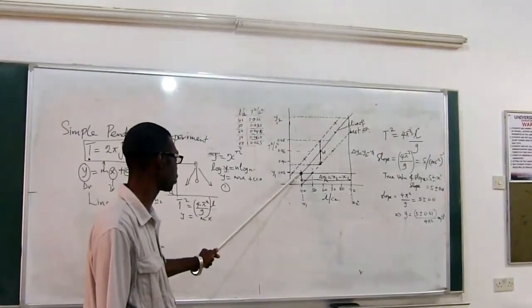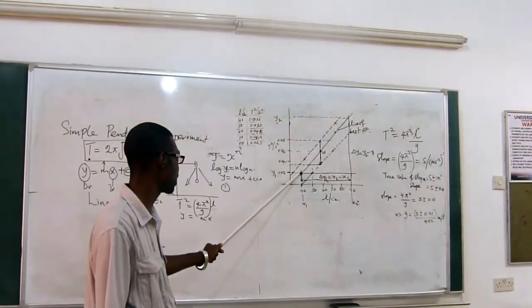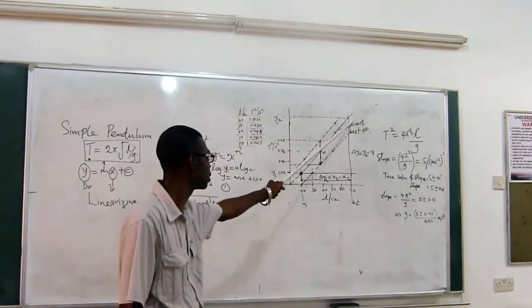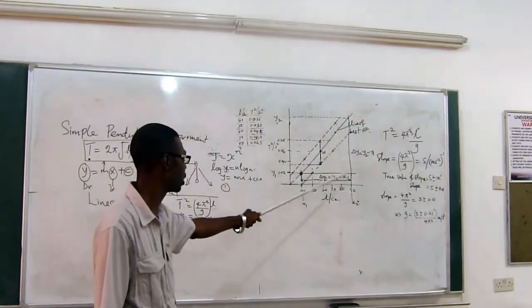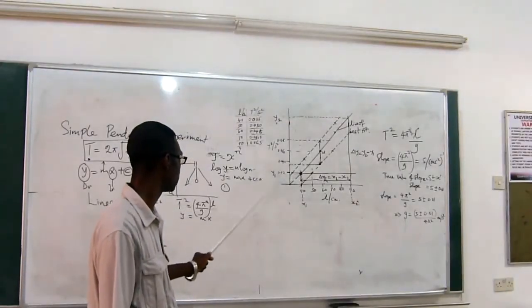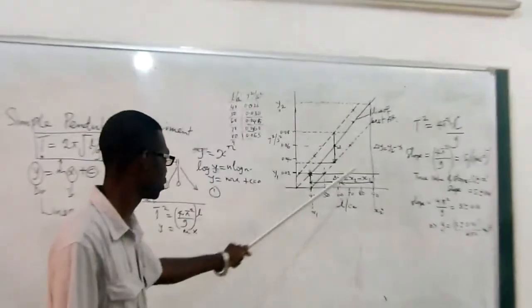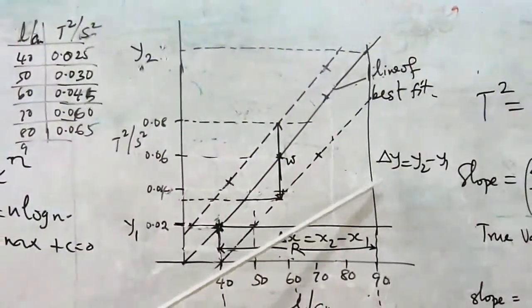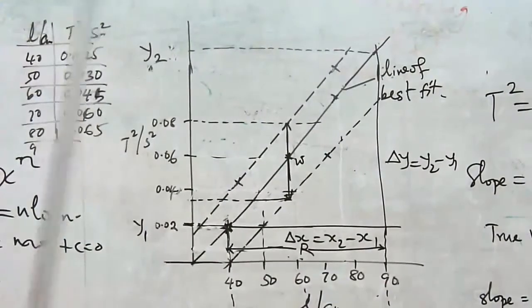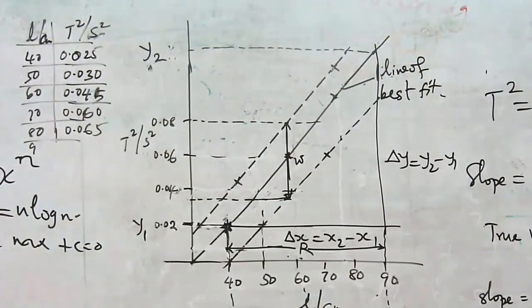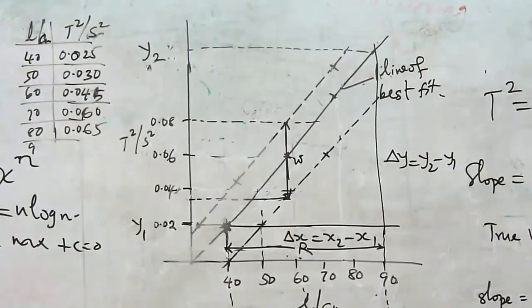If you have plotted a straight line, you can take the lowest point here, and take the highest point here that I have in my own case. So this is my y2, this is my y1, this is my x1, this is my x2. I can find my slope. Slope is equal to delta y over delta x. Of course, you know that.